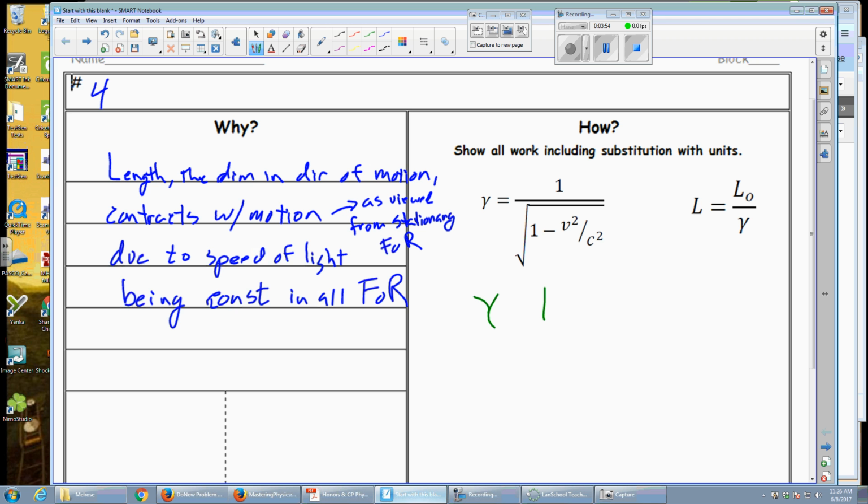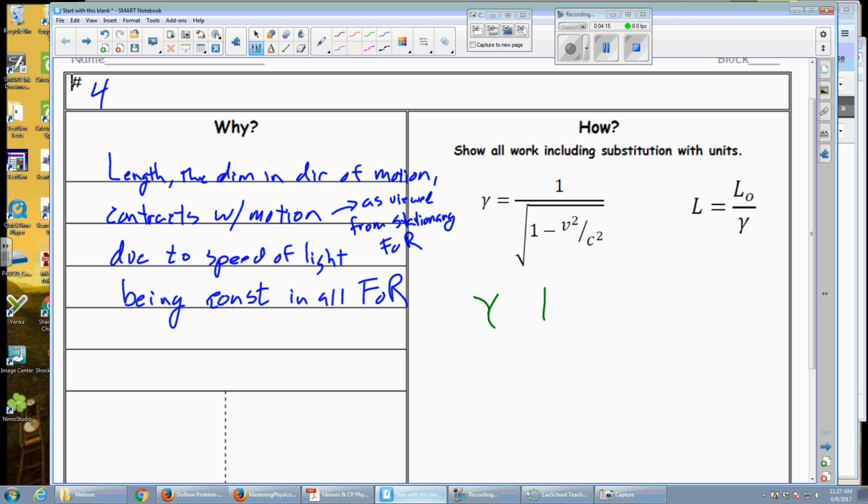It might be a lot smaller than 1. Well, it's at least less than 1. If V is 0.9999 C, it's going to be close. So V over C is less than 1. What happens when you square a number less than 1? You get a number less than 1, and it gets smaller. What about 1 minus a number less than 1?